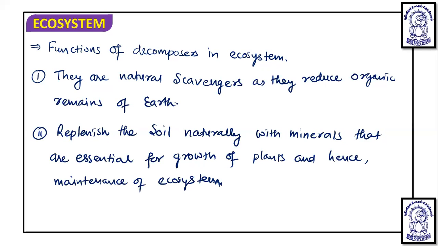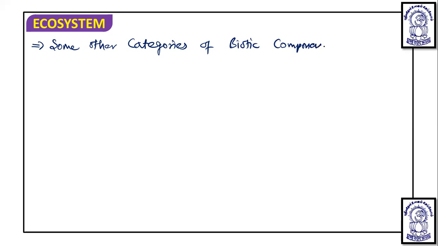Now after decomposers, some workers differentiated a few other categories of living beings amongst the biotic component of an ecosystem, apart from producers, consumers, and decomposers.